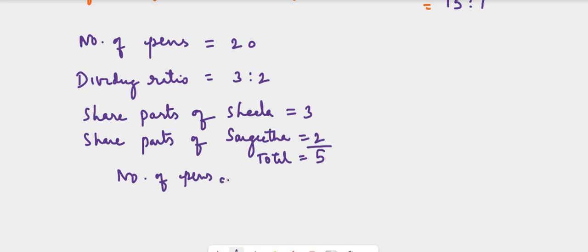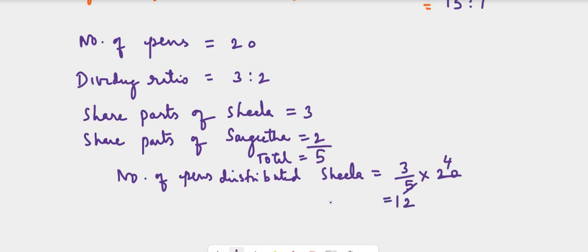So total pens distributed to or divided to Sheila is equal to 3 parts by total parts into 20. 5 1s are 5, 5 4s are 20, that is 12 pens. She will get 12 pens.